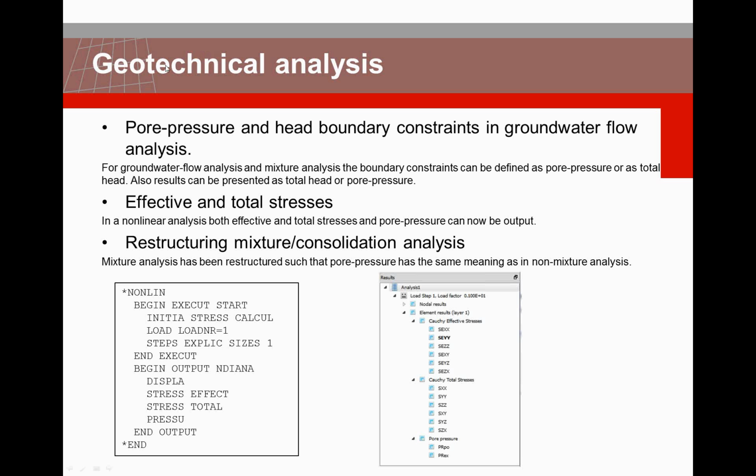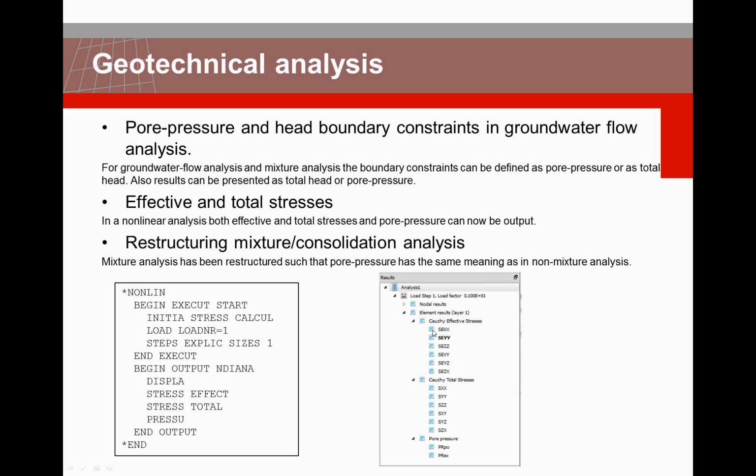Another important extension in Diana for geotechnical analysis is that the user can now output effective as well as total stresses, as well as pore pressures in the soil, which you see, for example, in this result tree.